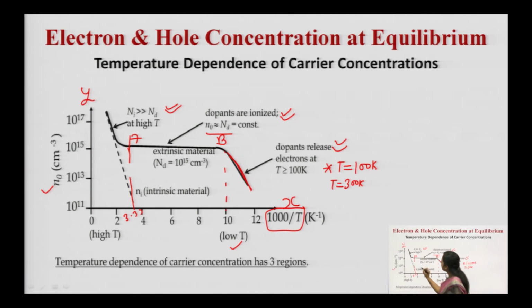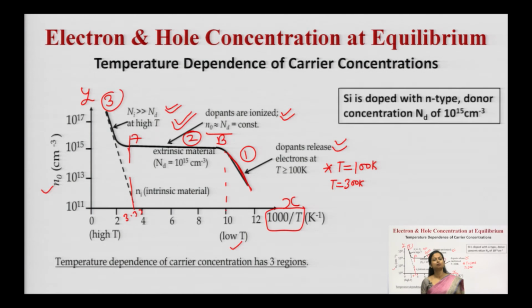So this is how you can draw it. It behaves in three regions. The first region is this, the second is the extrinsic one, and the third is the intrinsic one. For the efficient operation of any device, it must operate in the extrinsic region. This is the important thing, you must remember it.